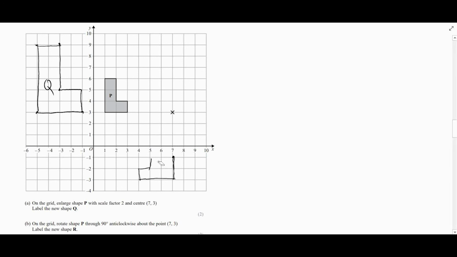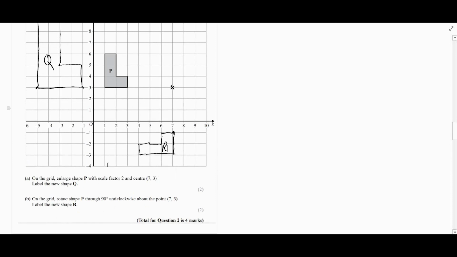So you'd end up with something along these lines. If you imagine this rotating 90 degrees, then you'd think you'd end up with a shape somewhat looking along this line, but instead it's shifted down because the center of rotation is quite far away. So this would be our final shape, and we'll just label that one R. That's pretty much this question.